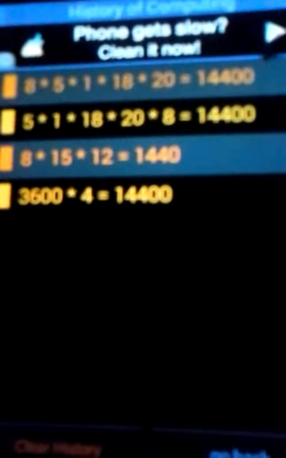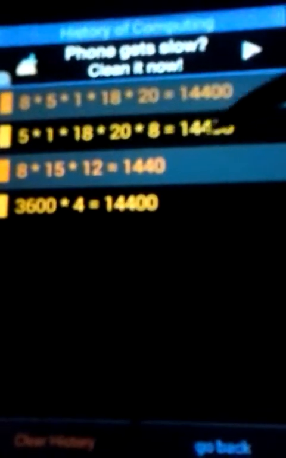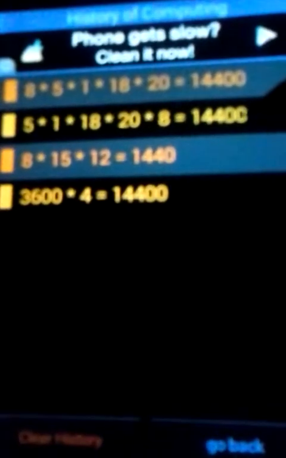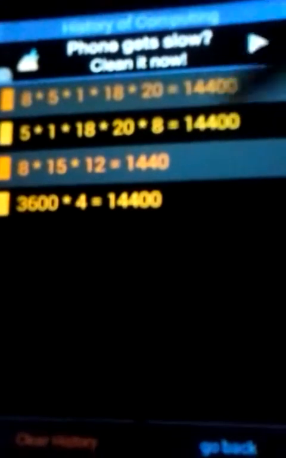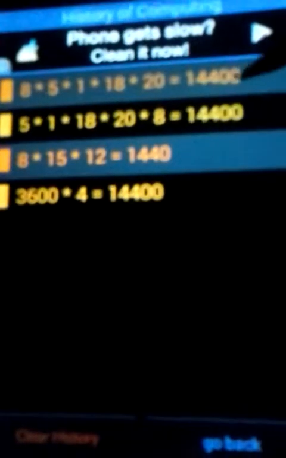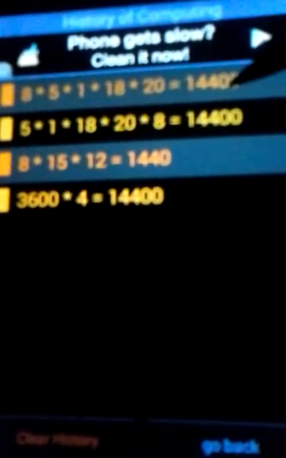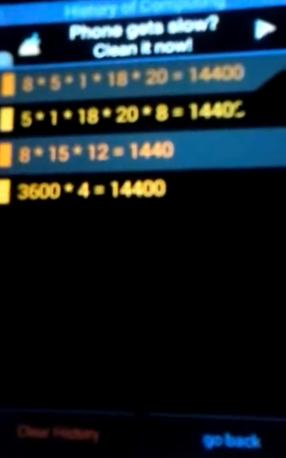You can clearly make out the 144,000. This is the word hard. It's 14,400. But adding a zero, you can make out 144,000. This is the word earth, 14,400. Add the zero. Clearly make out 144,000.